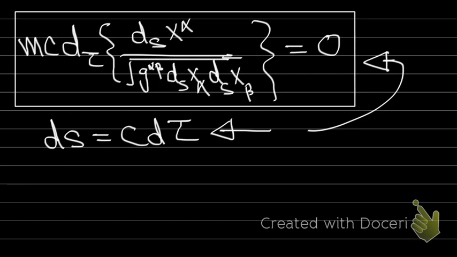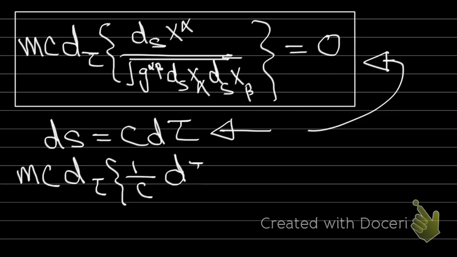We get mc that we already have, and the derivative with respect to proper time as it is, and now substituting, we would get 1 over c times d tau of x alpha.